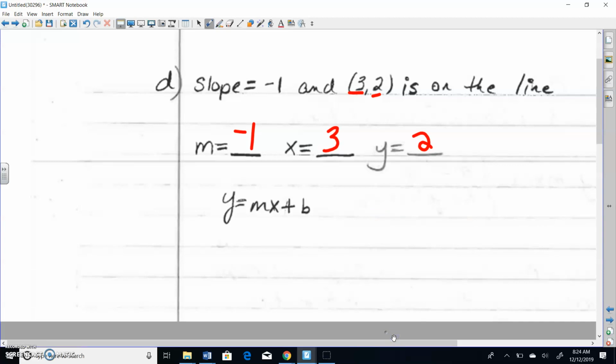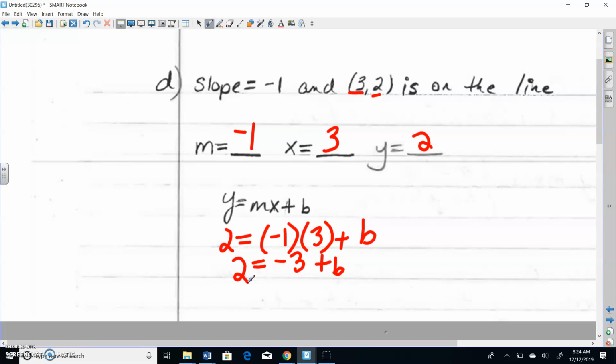So I get y is 2. 2 equals the slope times x plus the y-intercept, which is what I'm trying to find. -1 times 3 is -3. Now I need to isolate b, get b by itself, so that's going to involve adding 3 to both sides. And I get b equals 5.